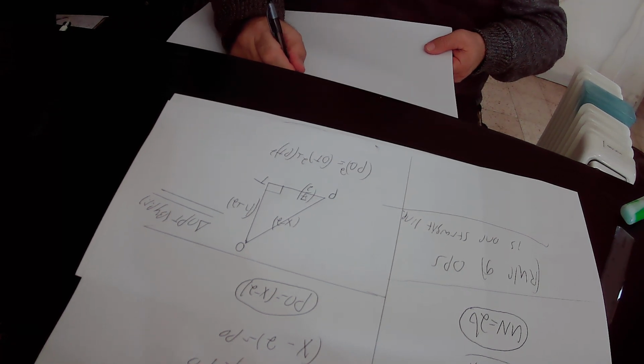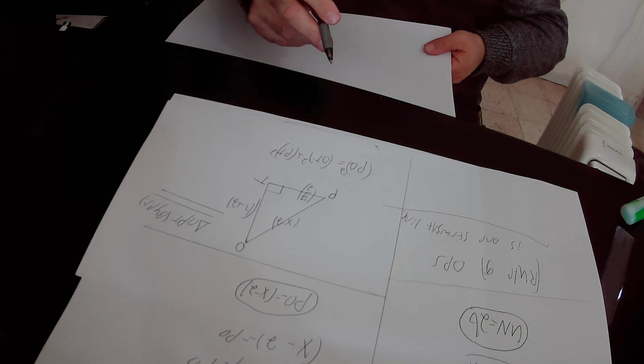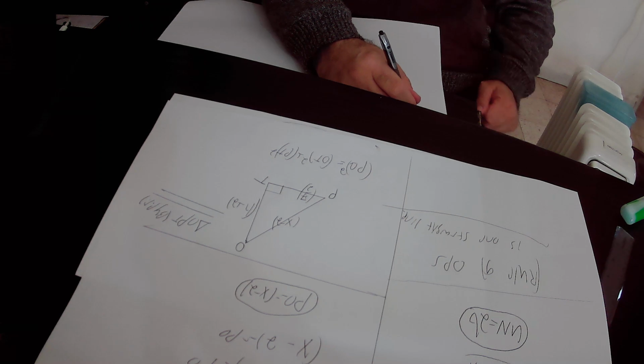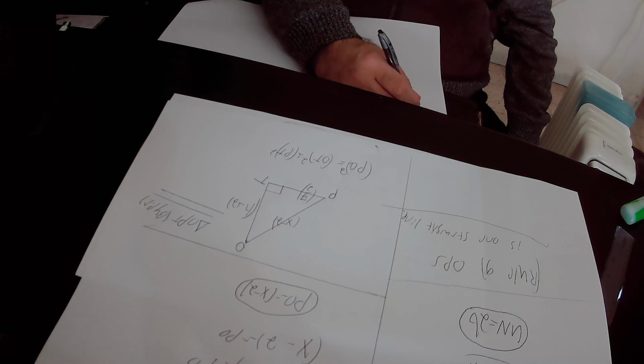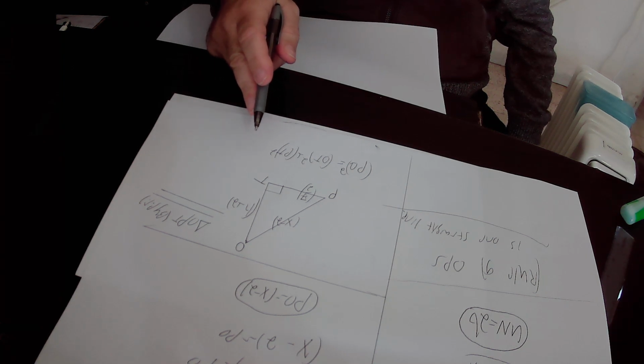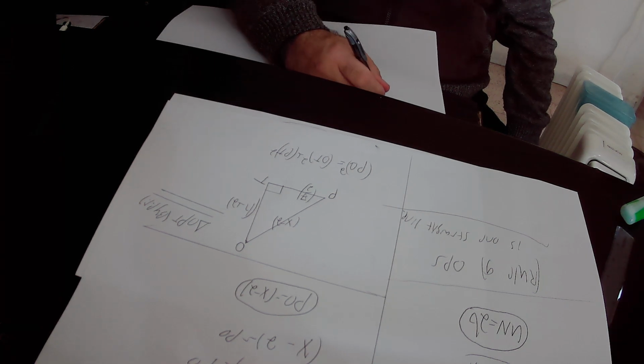So PO is x minus 2, therefore PO squared is (x minus 2) squared. And it equals OT squared. OT is h plus 2, therefore OT squared is (h plus 2) squared, plus PT squared.